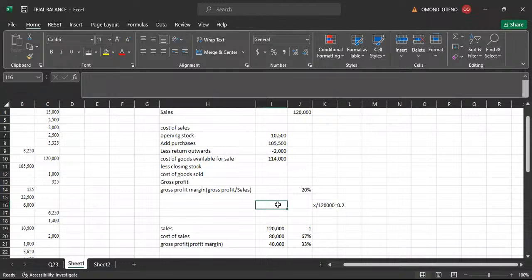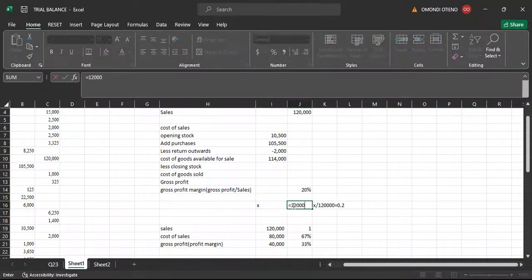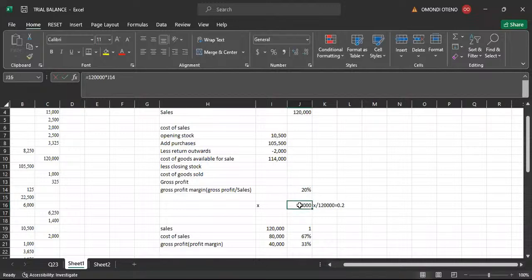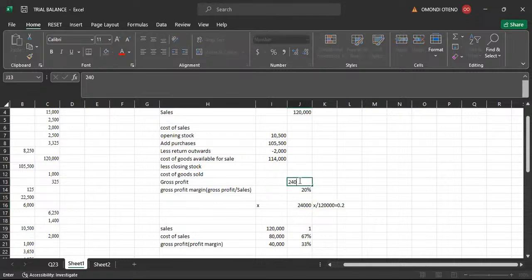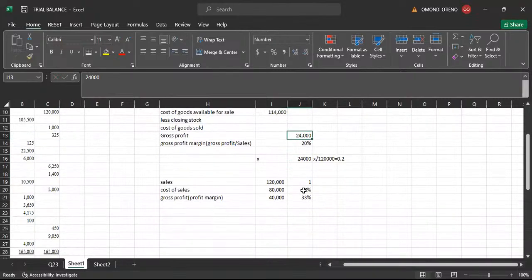Therefore, my X will be equal to 120,000 times 0.2, and that 0.2 is this 20%. So what am I having as X? 24,000. It was the gross profit. So I come to the gross profit section here and put my 24,000.